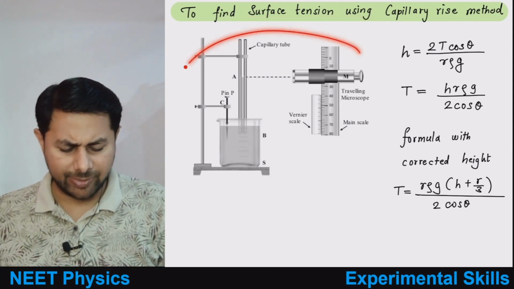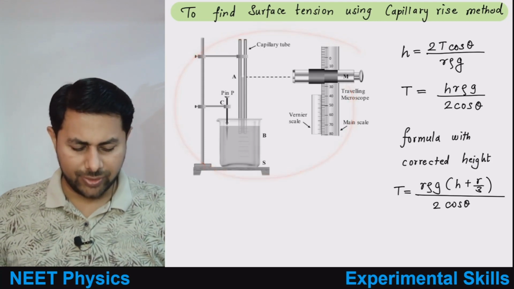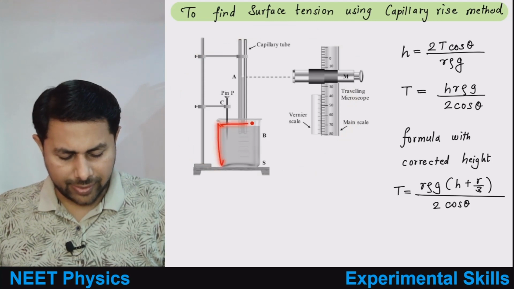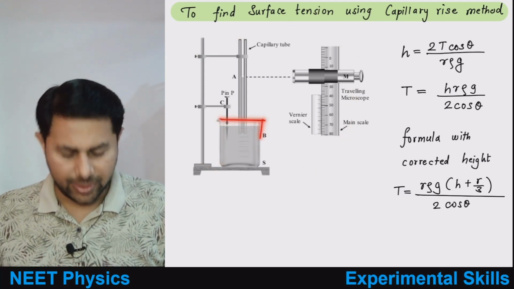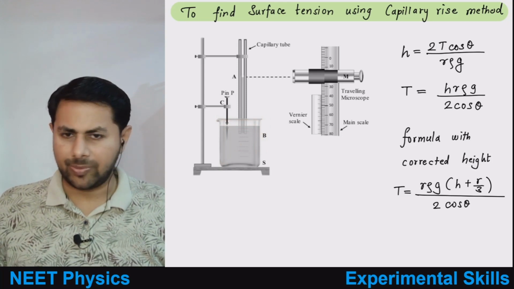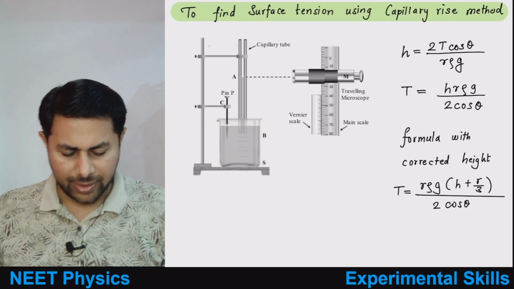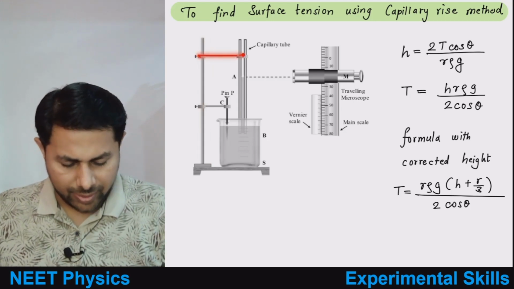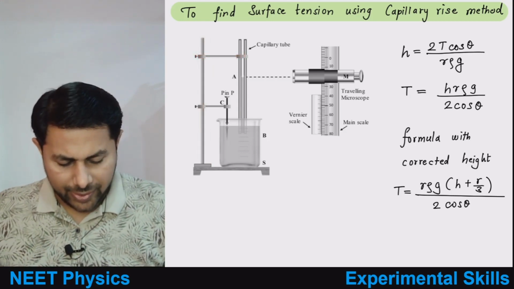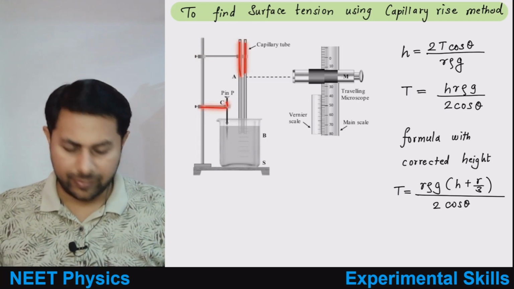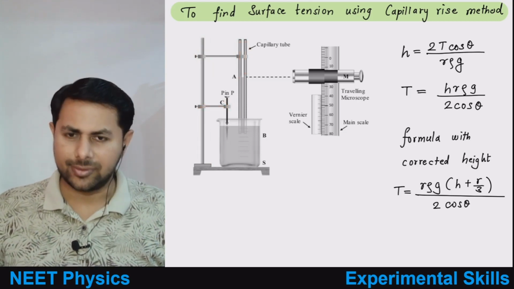So this is the experimental setup. What you do is you take this beaker and fill it with water or some other liquid whose surface tension you want to measure. Then there is the stand, which will hold the capillary tube and the pin.